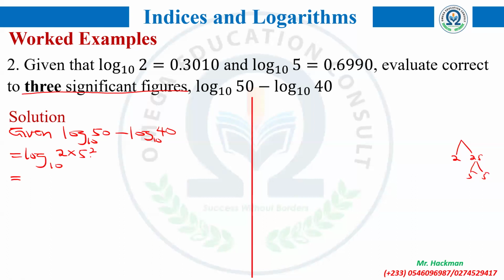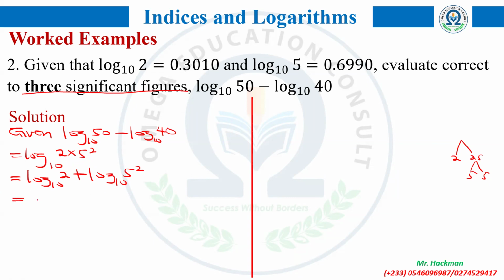However, if the person writes it that way, then when breaking it down, the person will write log to the base 10 of 2 plus log to the base 10 of 5 plus log to the base 10 of 5. However, if you write it this way, we are going to get log to the base 10 of 2, then plus your other factor is 5 squared. So log the base 10 of 5 squared. All correct.